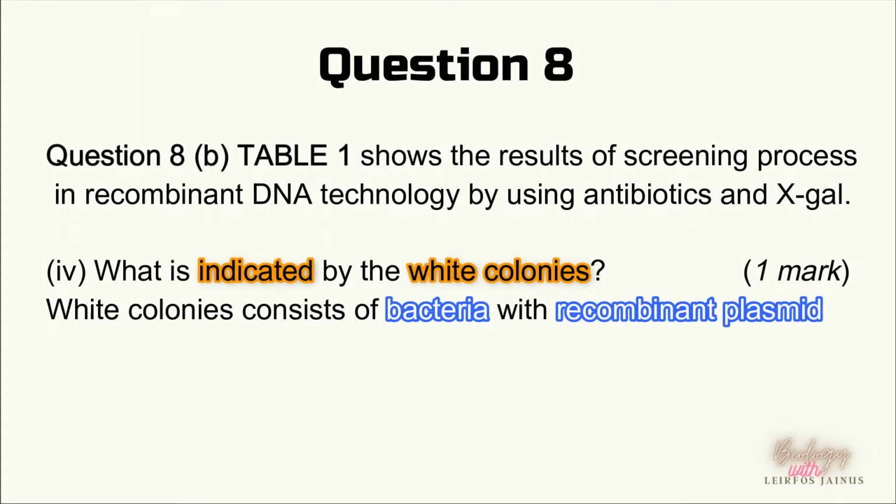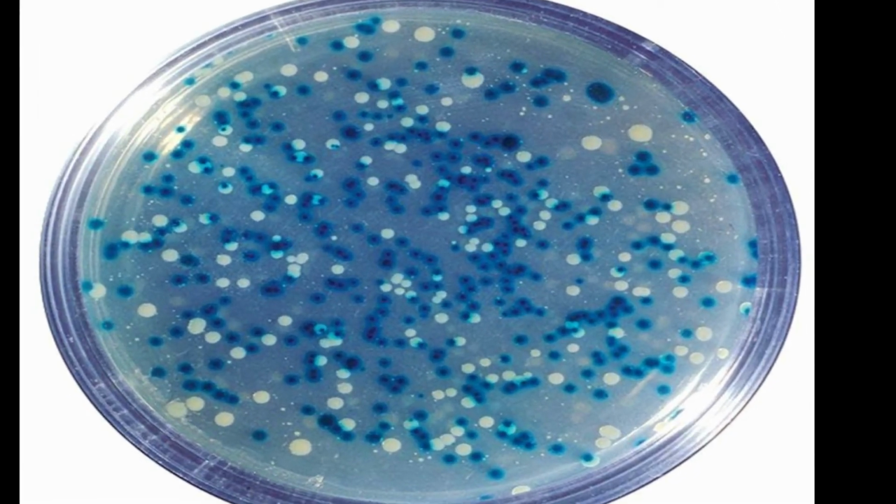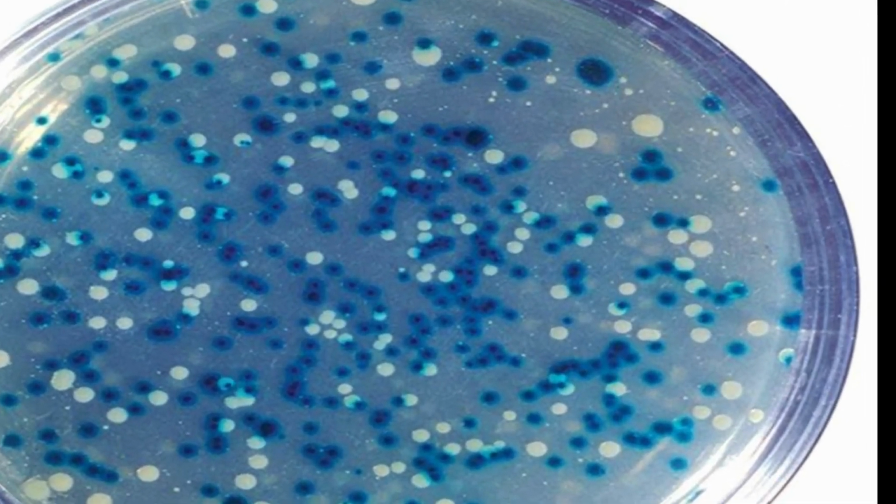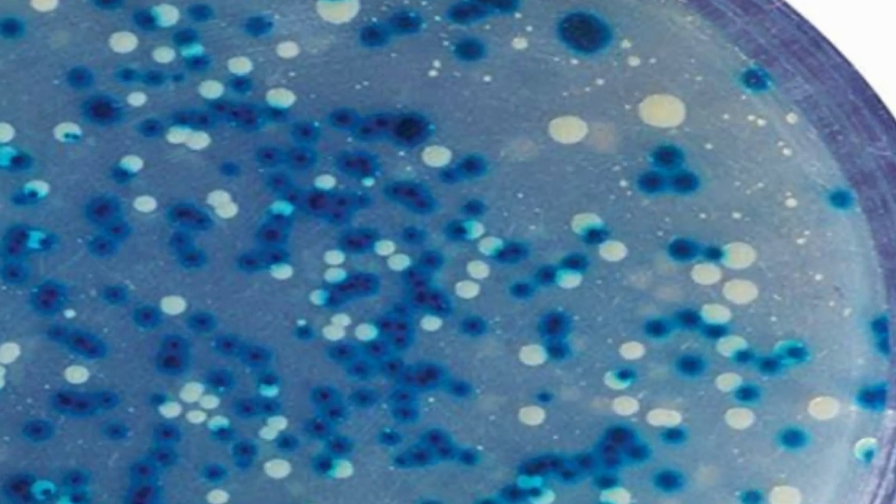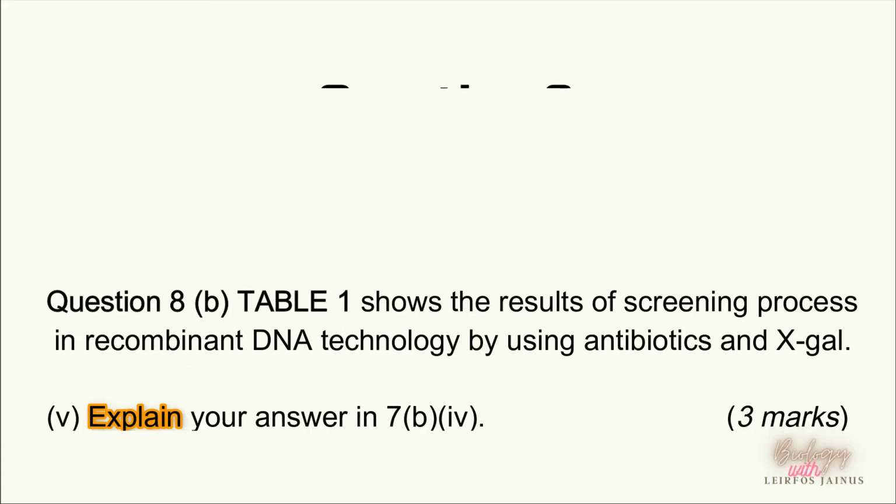The following question, what is indicated by white colonies? The white colonies consist of bacteria with recombinant plasmid, that is, plasmid that is inserted with foreign or target gene. Explain white colonies.